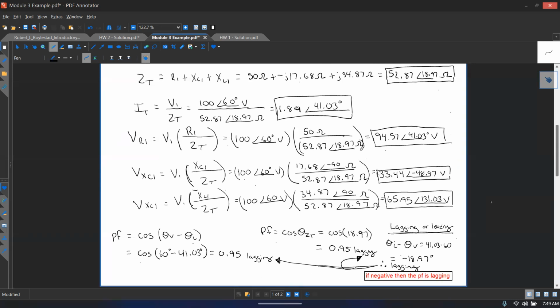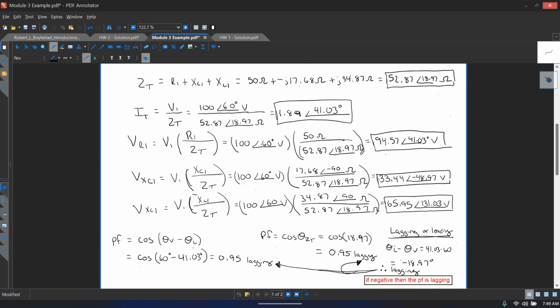All right. So the last thing we need to do was find the power factor. Now there's a couple different ways you can find the power factor. The first way I want you to learn: the formula is the cosine of theta V, the phase angle of your voltage source, minus the phase angle of your total current.